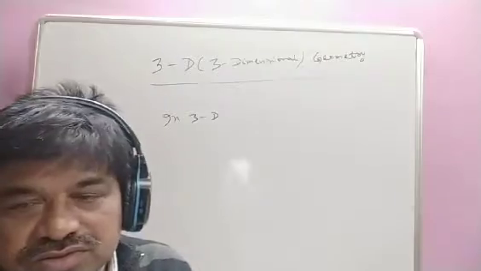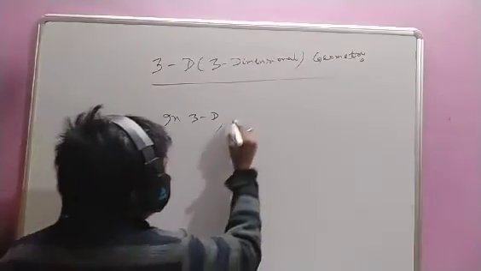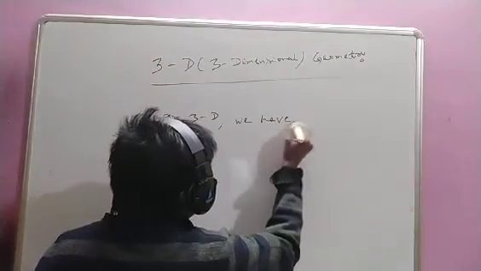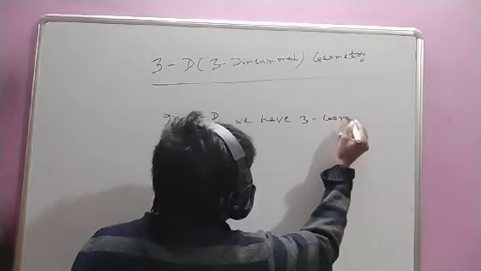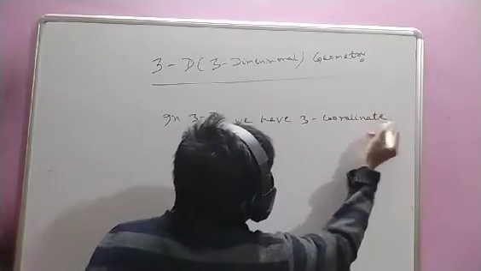Okay. So you write, in 3D we have three coordinate axes.